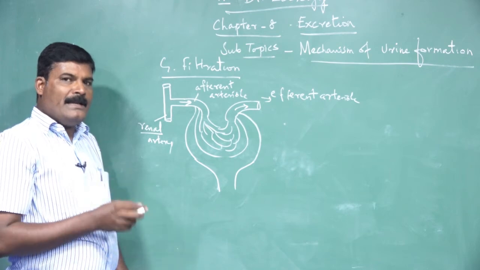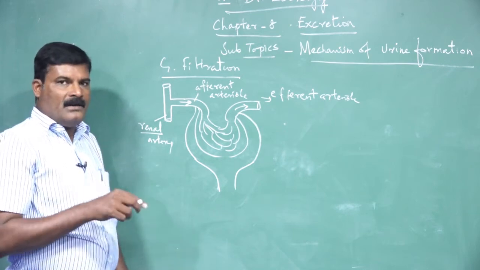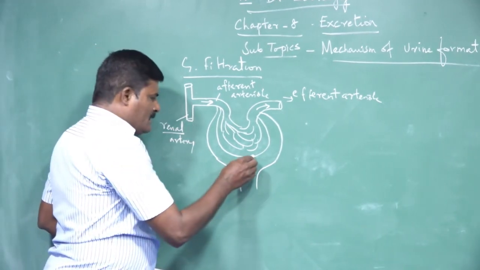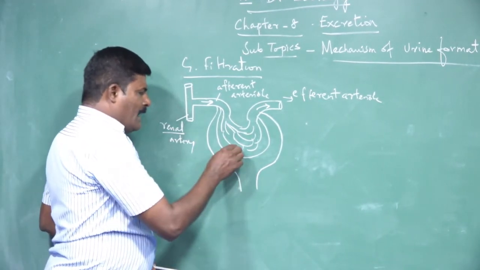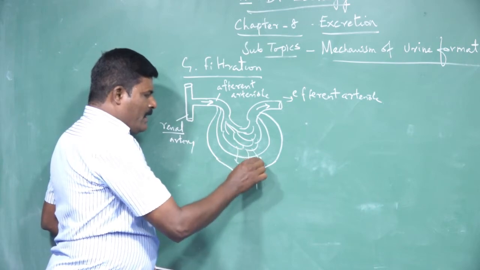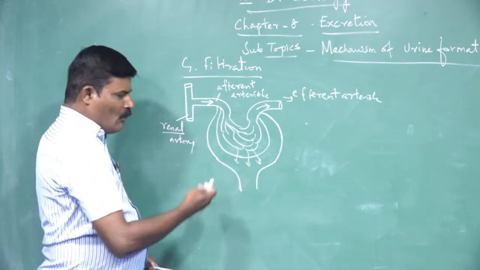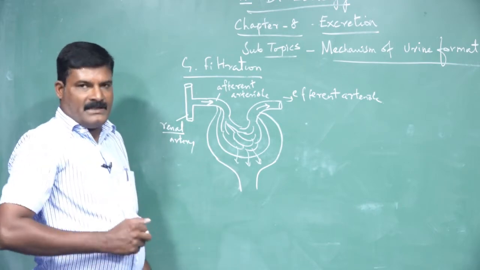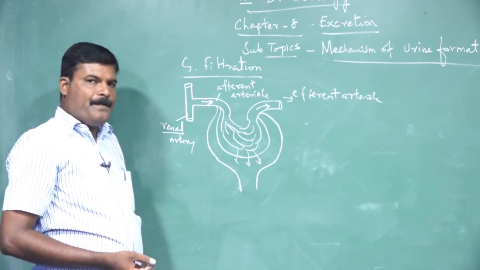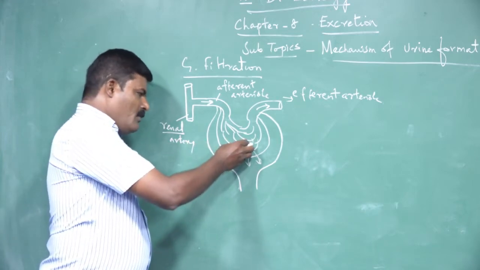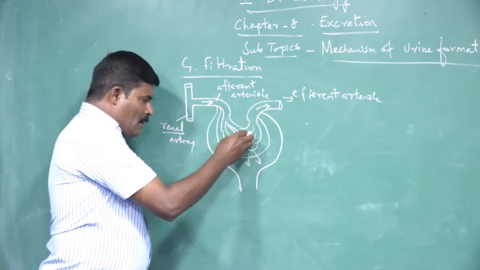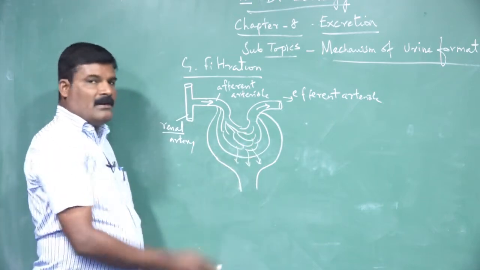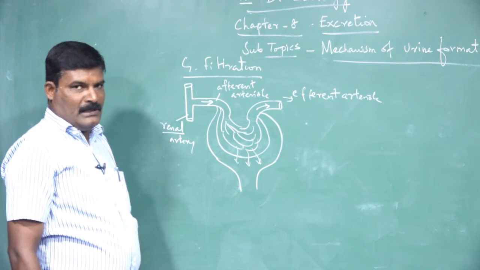Filtration that takes place in the glomerulus is glomerular filtration. Listen: a certain amount of fluid leaves the glomerulus into the Bowman's capsule. This is called the glomerular filtrate.